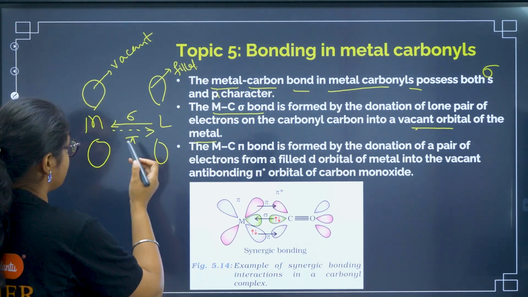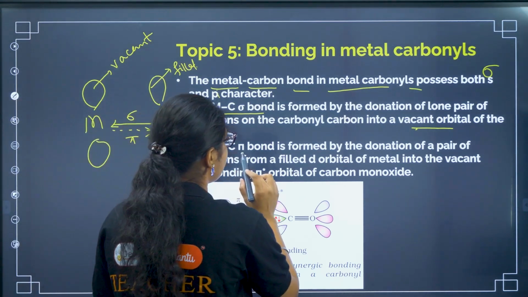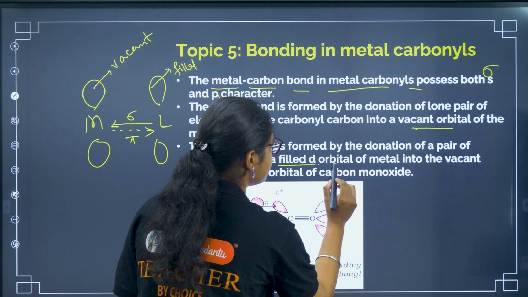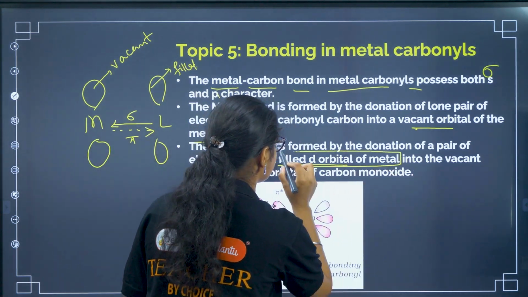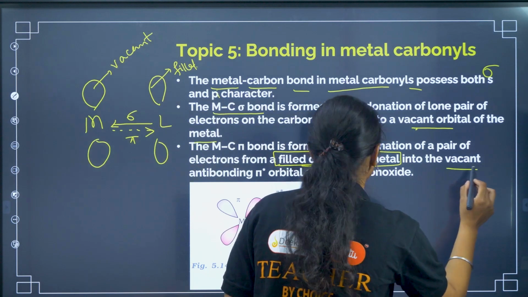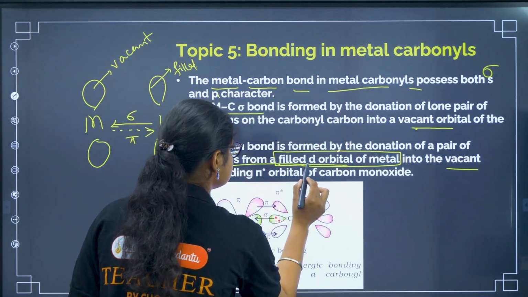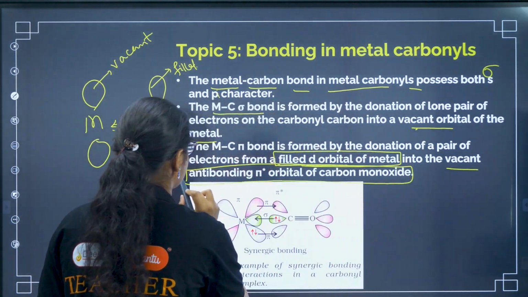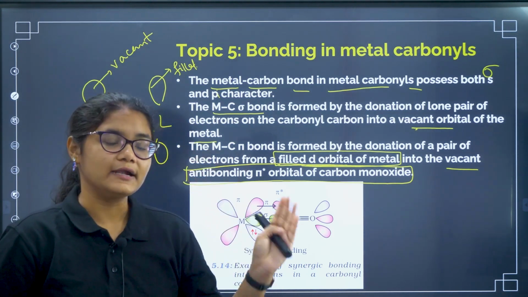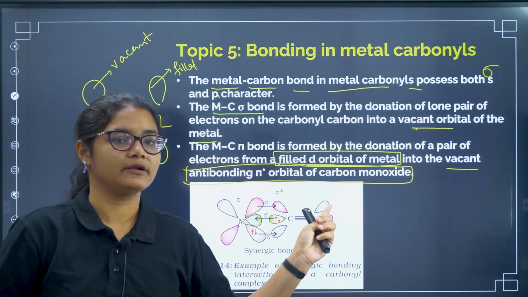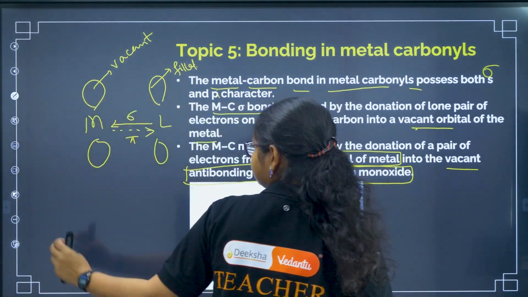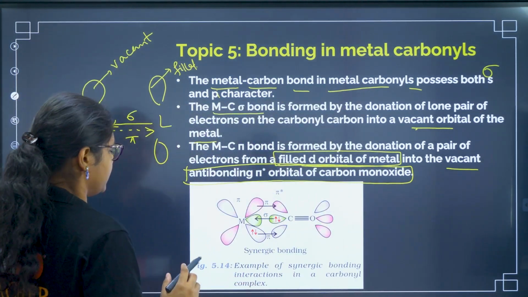So what are the orbitals involved here? The M-C pi bond is formed by the donation of a pair of electrons from a filled d orbital of the metal. This is very important. From the filled d orbital of the metal to the vacant anti-bonding pi star orbital of carbon monoxide. So now you can see the diagram here.